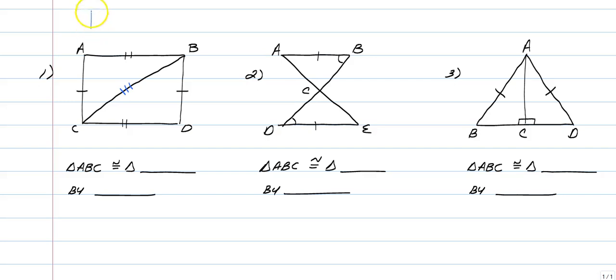If we were to split this apart, we would have BC here, and we would also still have BC in that one if we were to just cut that. So the length is going to be the same. It's actually called the reflexive property. So since it shows up in both triangles, you can mark it.